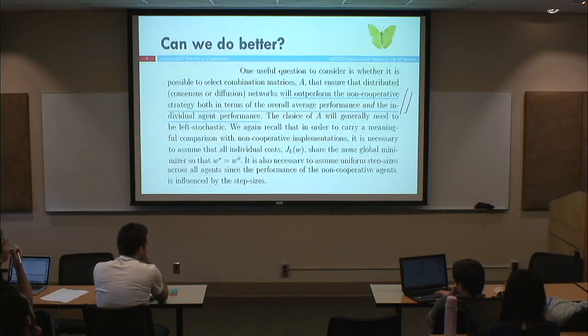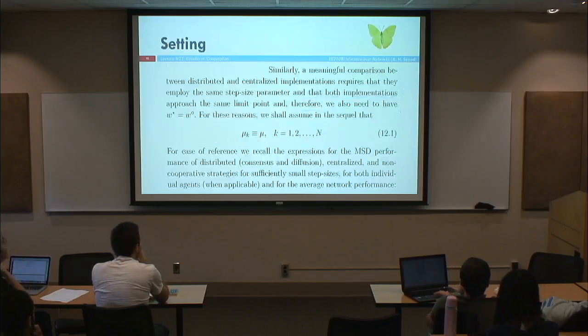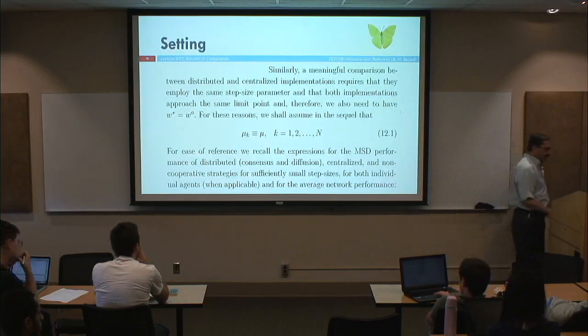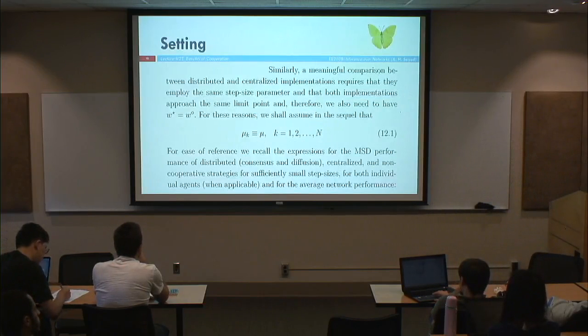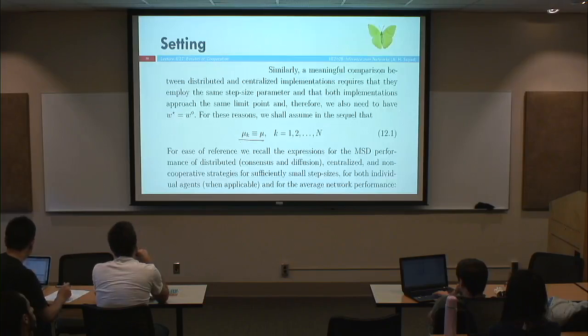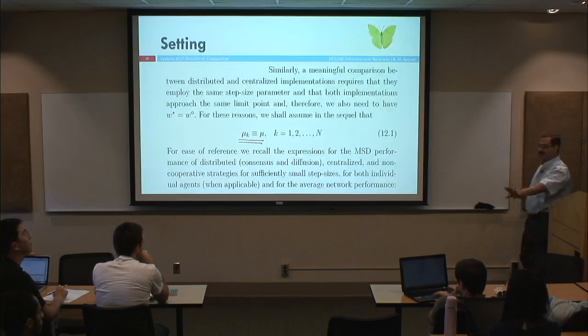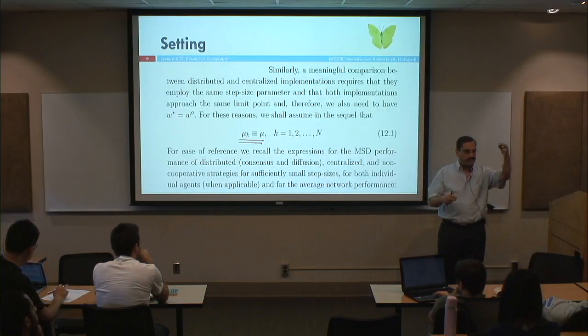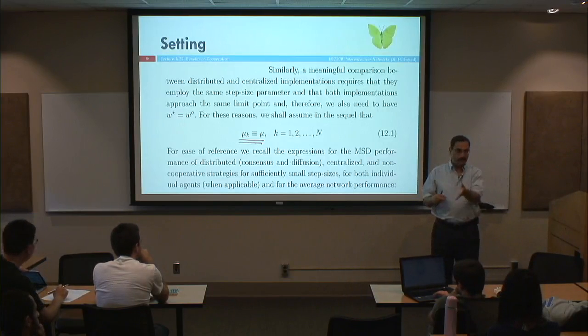That's exactly the question that I'm asking here. Can we do better? I'm going to answer these questions in the general case, not just for quadratic costs, but for general convex costs. So this is my setup. I'm going to assume the step sizes are uniform across the agents. Why? Because I'm comparing with the non-cooperative case. The performance for each non-cooperative agent is proportional to mu.